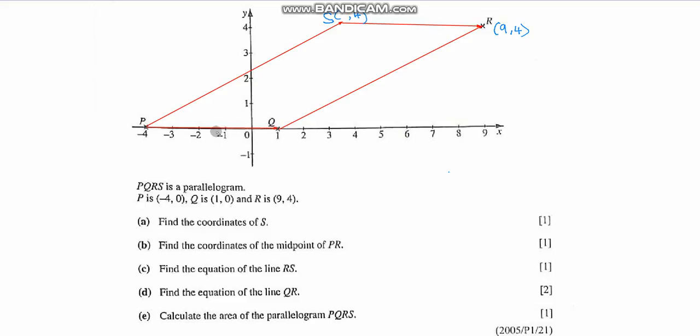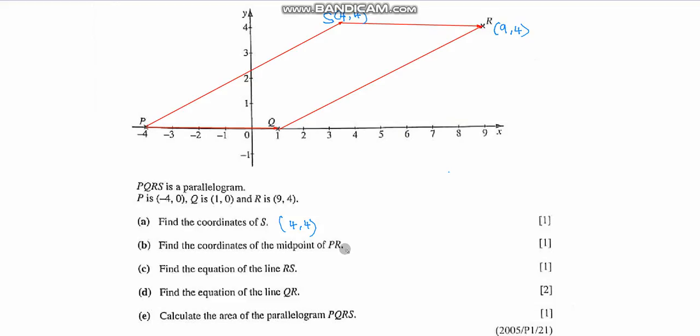From the property of a parallelogram, this must be equal to this in terms of length, so there must be 5 units. This length is 5, so this is also 5. So 9 minus 5 gives you a coordinate of 4. So the answer here is 4, 4.